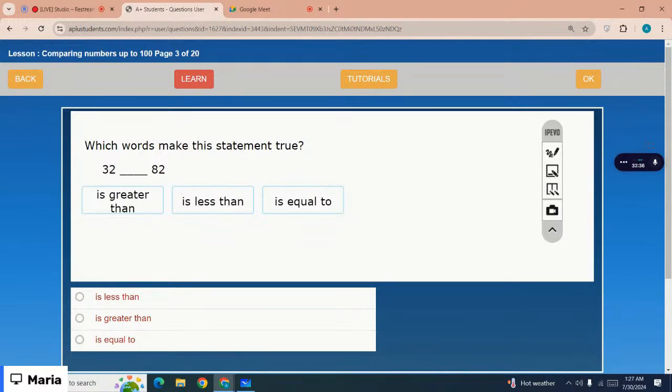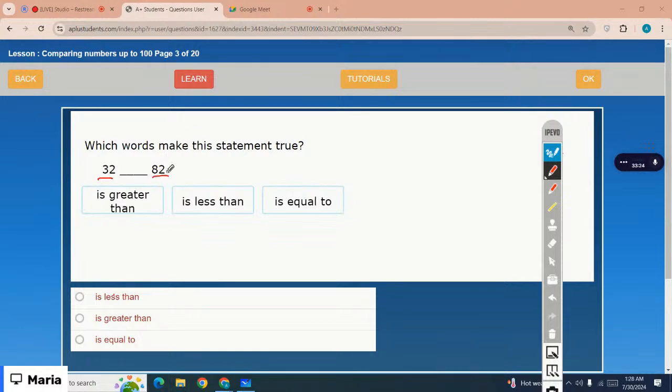Which words make the statement true? 32 and 82. So which is the correct option? Yes, you have to look at the digit at the highest place value.